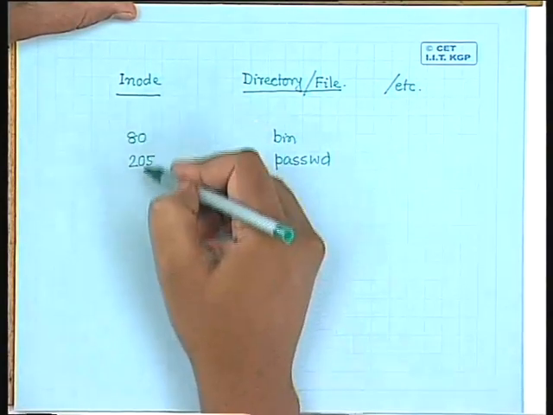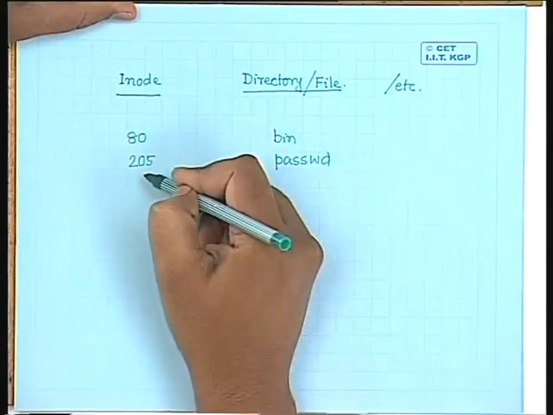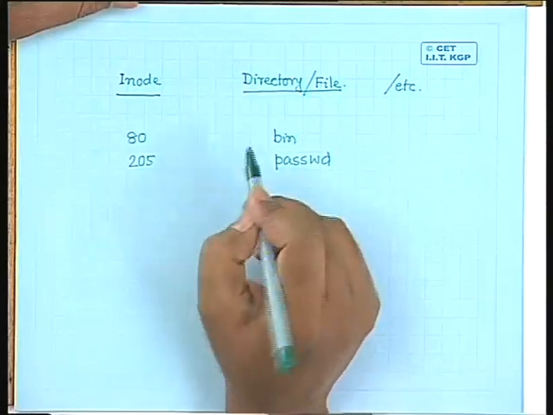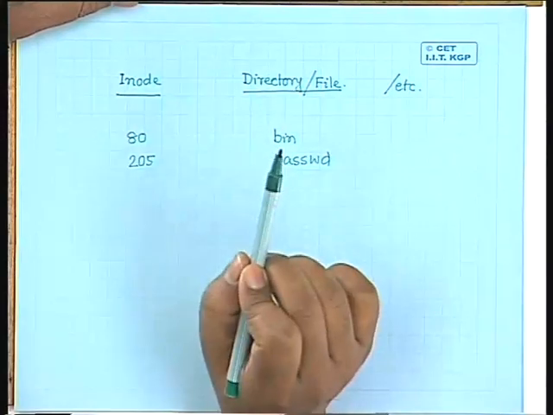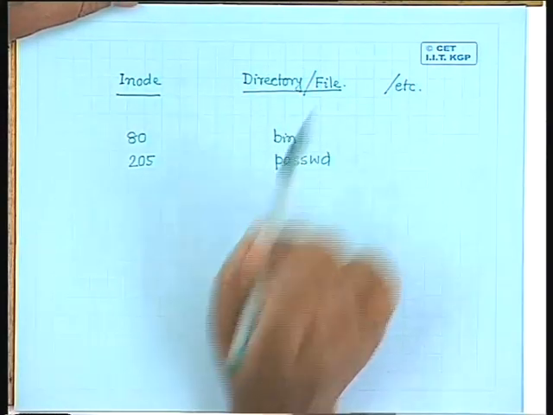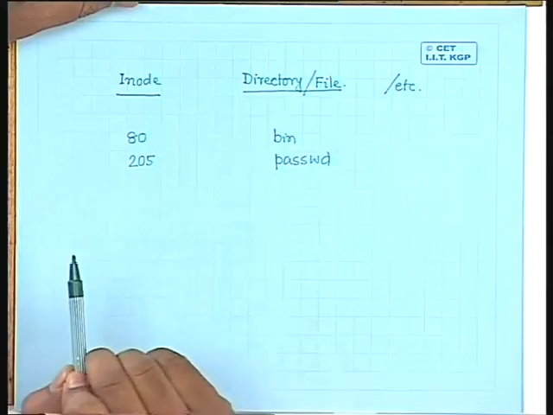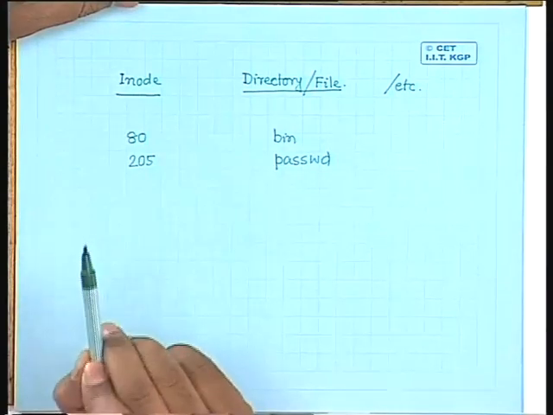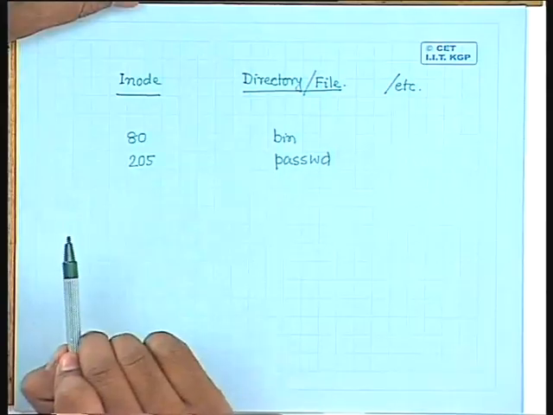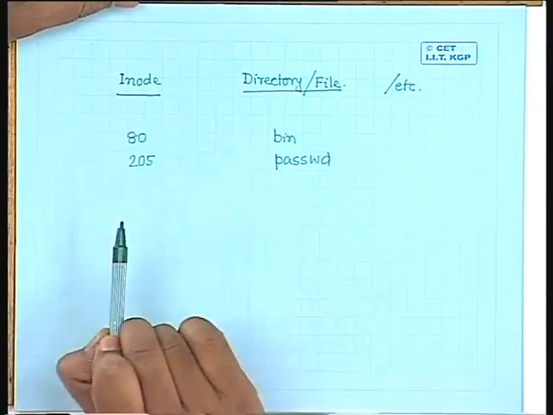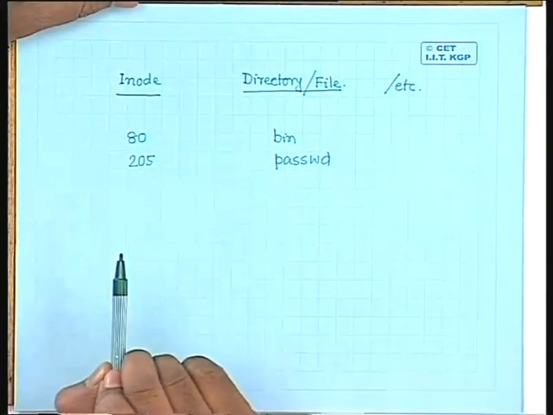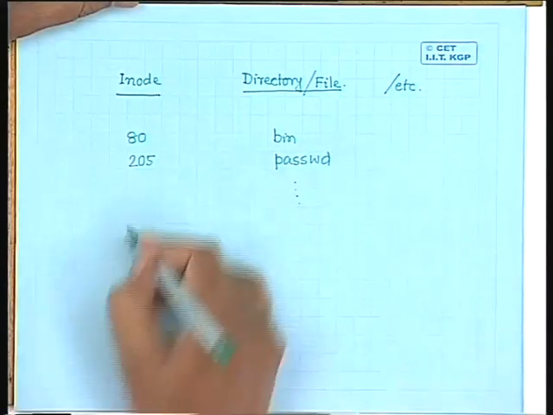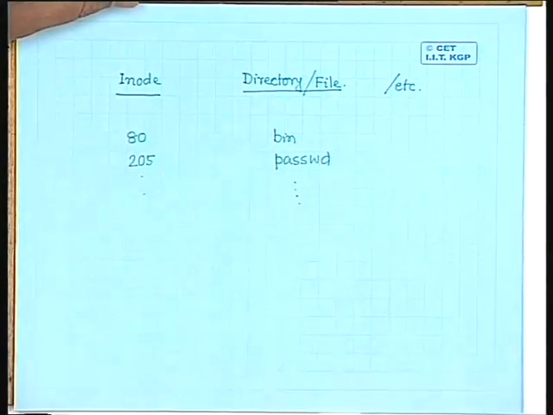Now, which particular inode will be allocated to a particular file or to a particular directory depends upon which inodes are unallocated at the time when this file or this directory is created. So, one of the inodes which is still unallocated will be allocated to the newly created file or the newly created directory. Similarly, it can have many other entries and the corresponding inodes.